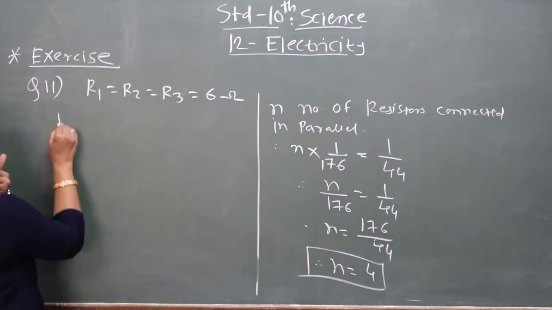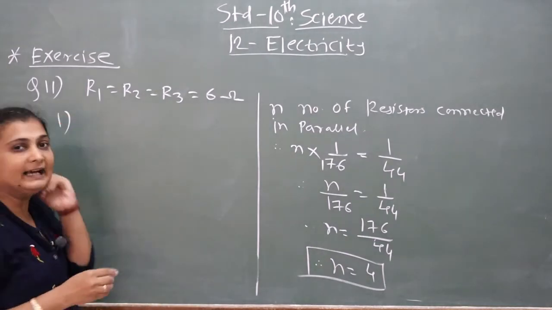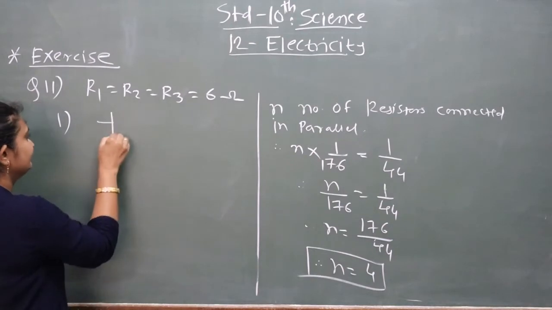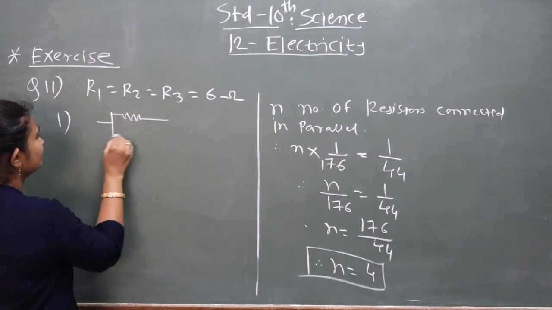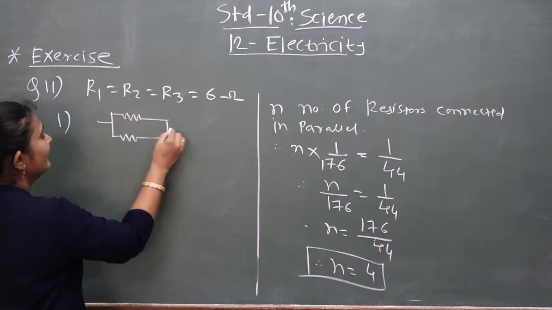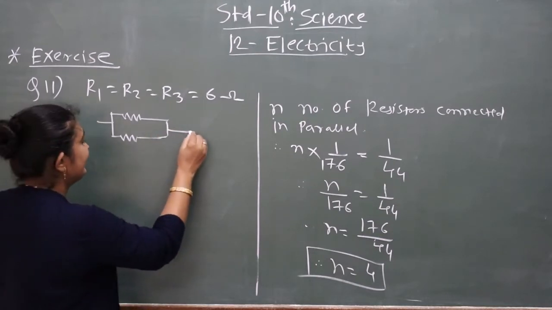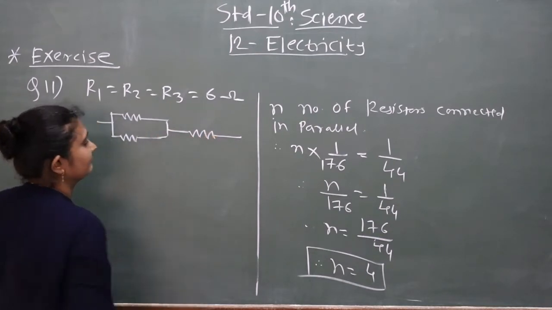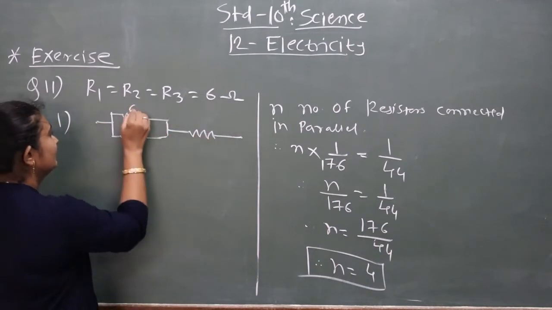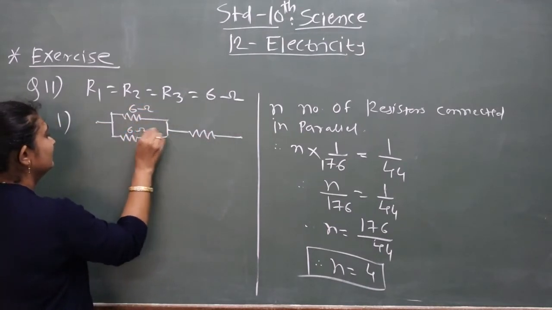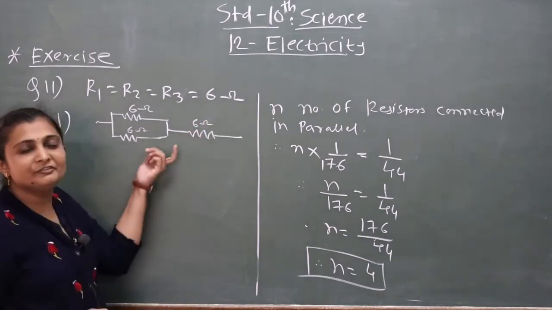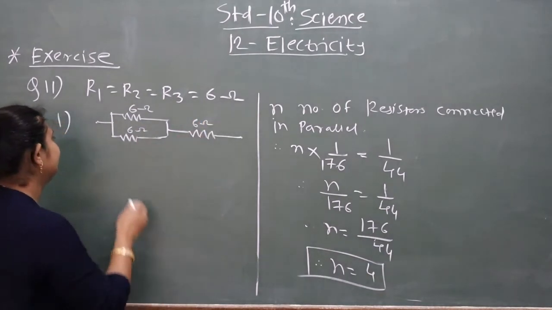Now first one, connect R1 and R2 in parallel, and the third one in series. Then we will find the equivalent resistance.